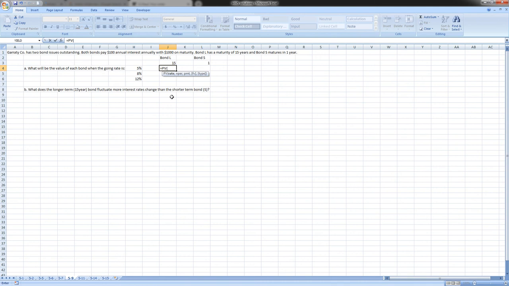And so the rate is the amount given right there. Now really quick, we're going to use the F4 function, but we want to be able to lock in column H, but we want to be able to drag down.